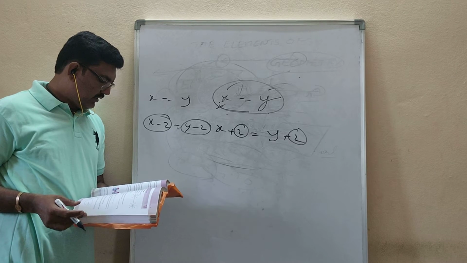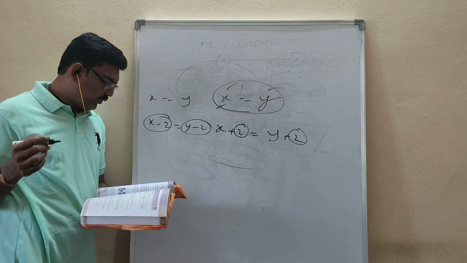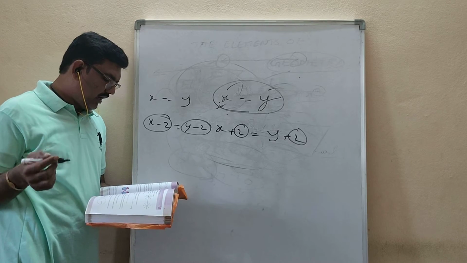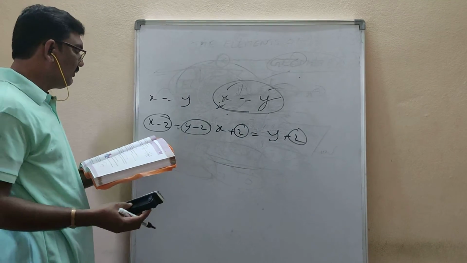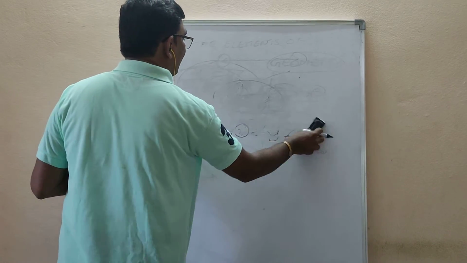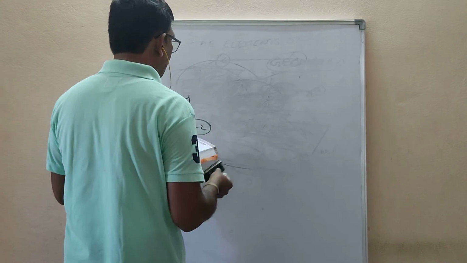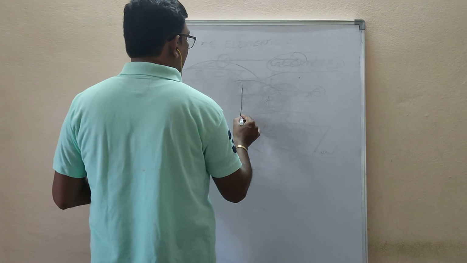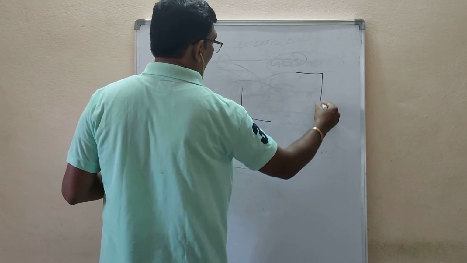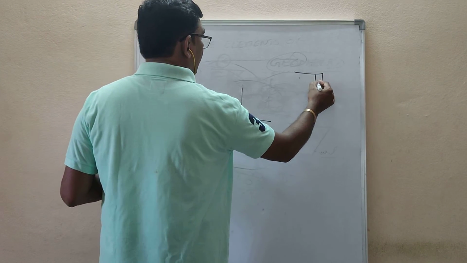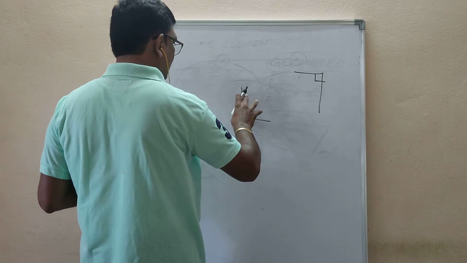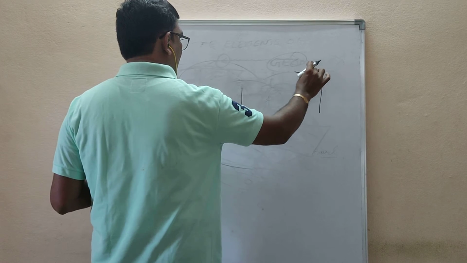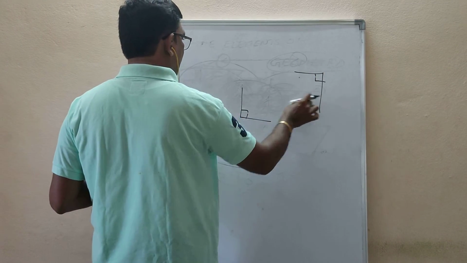Next one: things which coincide with one another are equal to one another. For example, take a right angle, and take again one more right angle. If you bring this one to here, this side coincides with this side, and this side with this side.